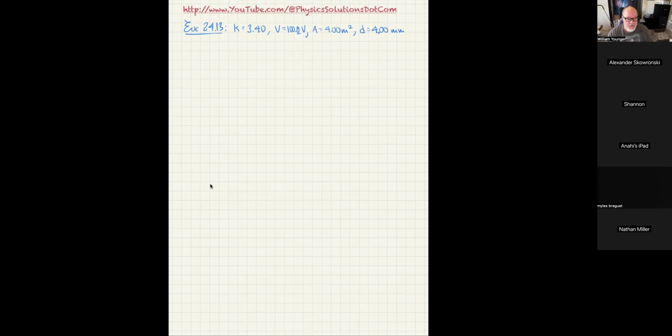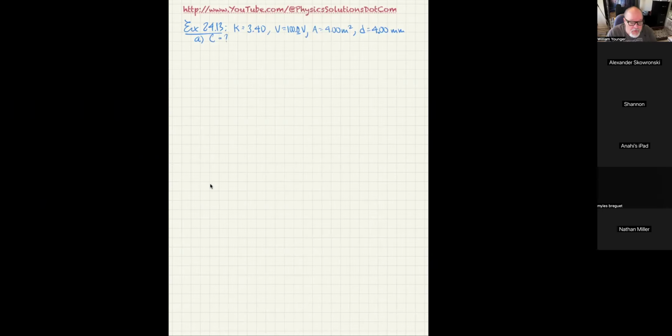So that's the distance. And for part A, they want to know the capacitance. And since we're talking about this being filled, I'm going to call that C as opposed to C0. And I'm going to use a subscript 0 for all the variables that change when the dielectric has been removed. So C is something we want to know.